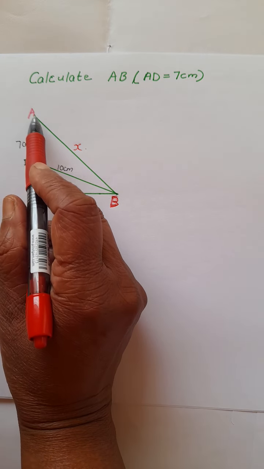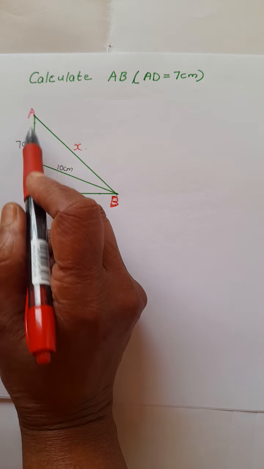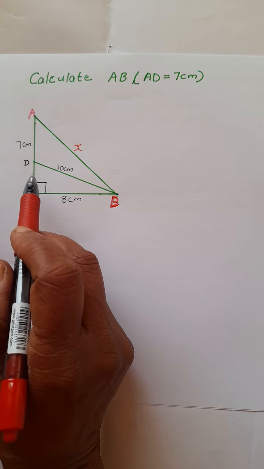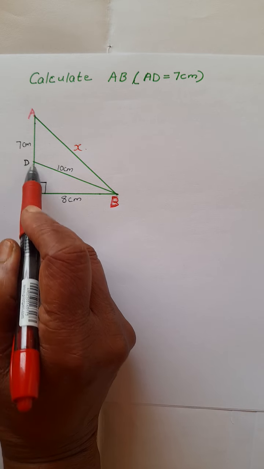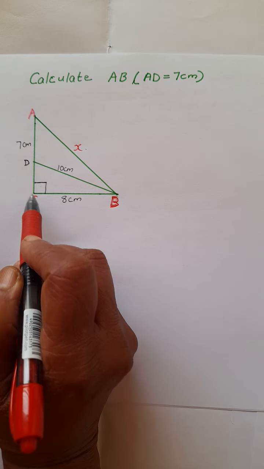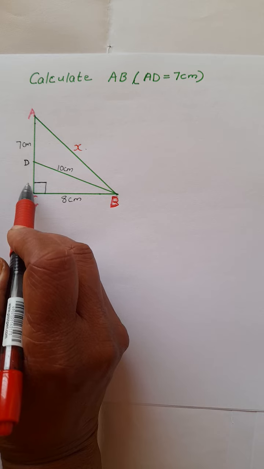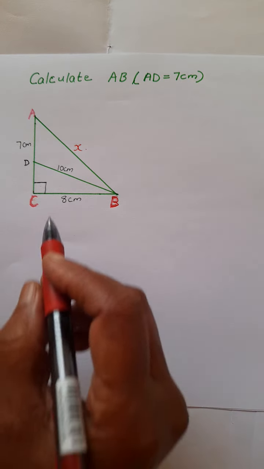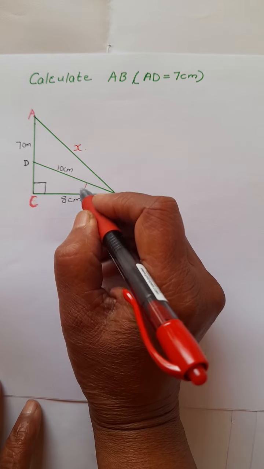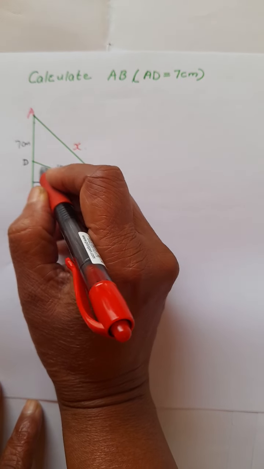We only know this length AD, that is 7 centimeter, but we don't know the length of CD. So first thing, we find the length CD. For that we will use this small triangle.